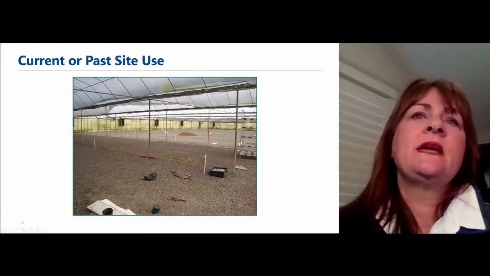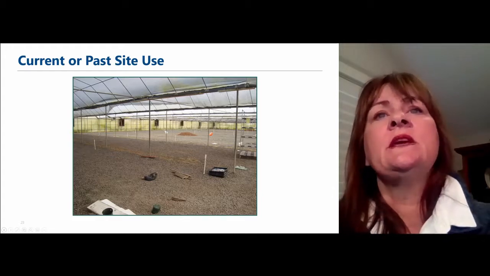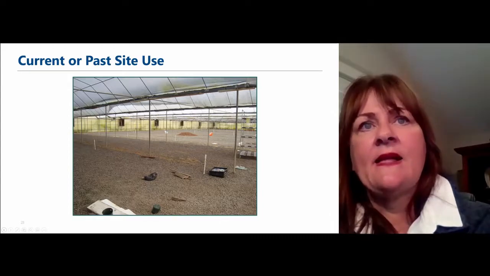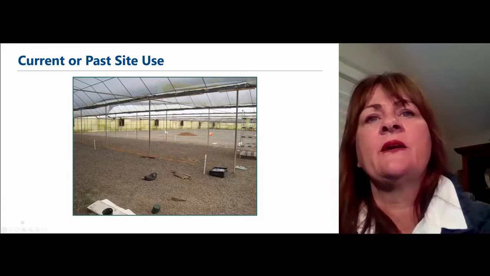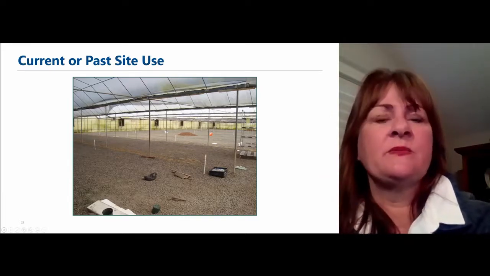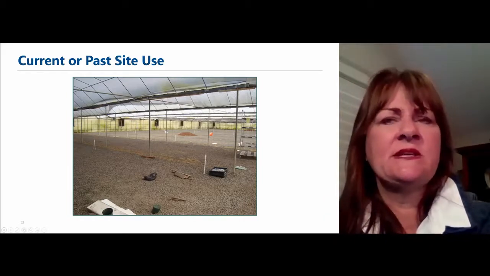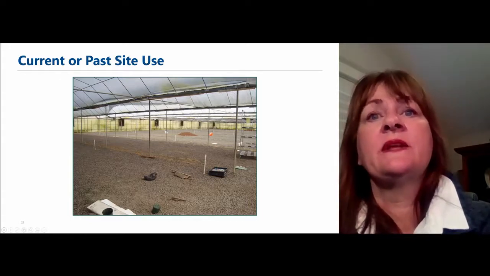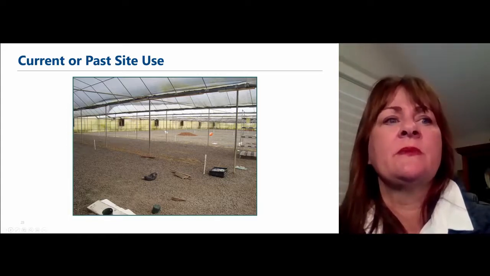In this particular case, this facility mixed their own chemicals for pesticides, and they would use them in drip pipes down onto the plants that were there. But of course, the ground is covered with gravel, and in this instance, there was a buildup of pesticides in the soil. It was shallow, 12 to 16 inches, I think, but still those were concentrations found above cleanup standards for the state. And so that represented a recognized environmental condition.